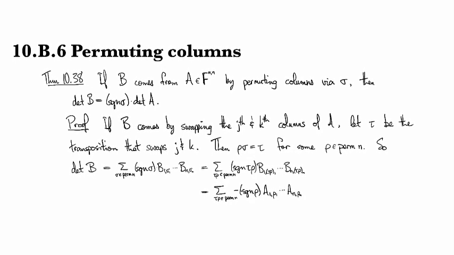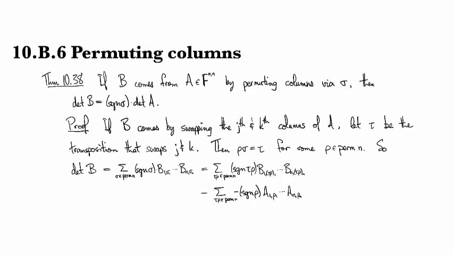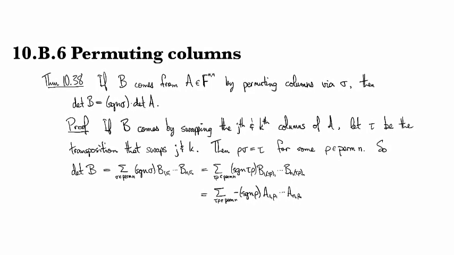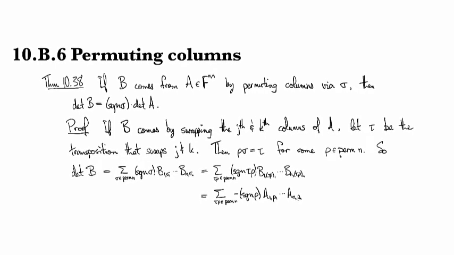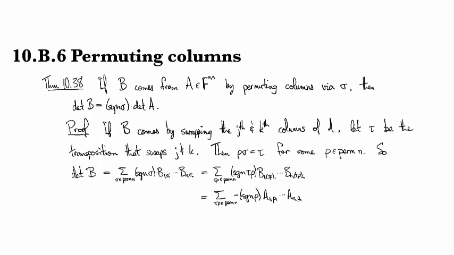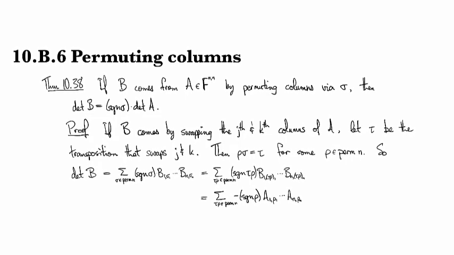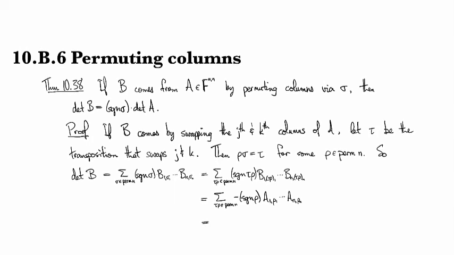And so then we do the same trick that we did in the previous proof, which is that since we're summing over all the permutations, we can call them tau rho or rho inverse or whatever, because we're doing the sum over all of them, and it doesn't really matter what index we use.